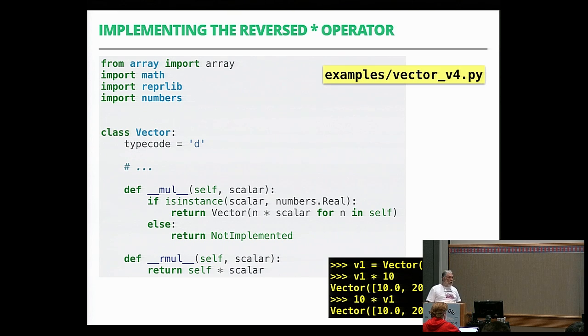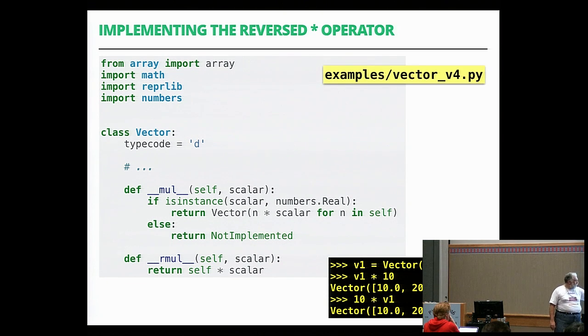So to solve this, in this case, it's very simple because of the commutative property of multiplication. V1 times 10 should produce the same result as 10 times V1. So the implementation just multiplies self by the scalar.